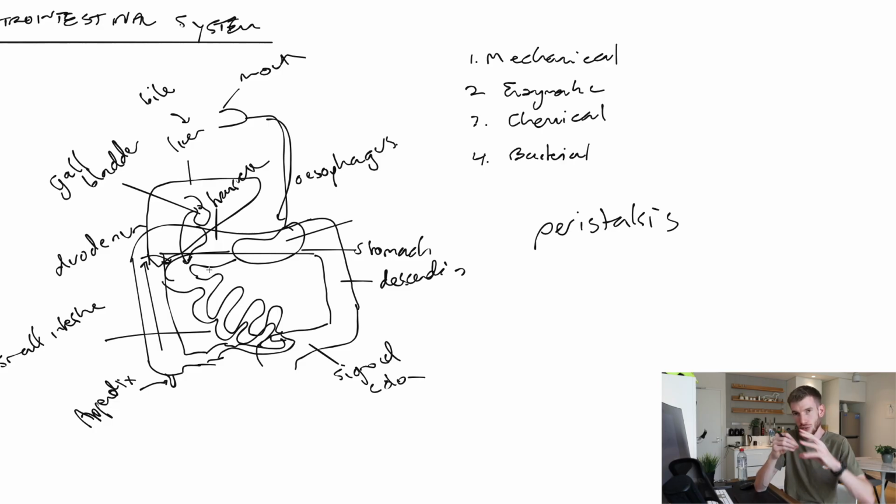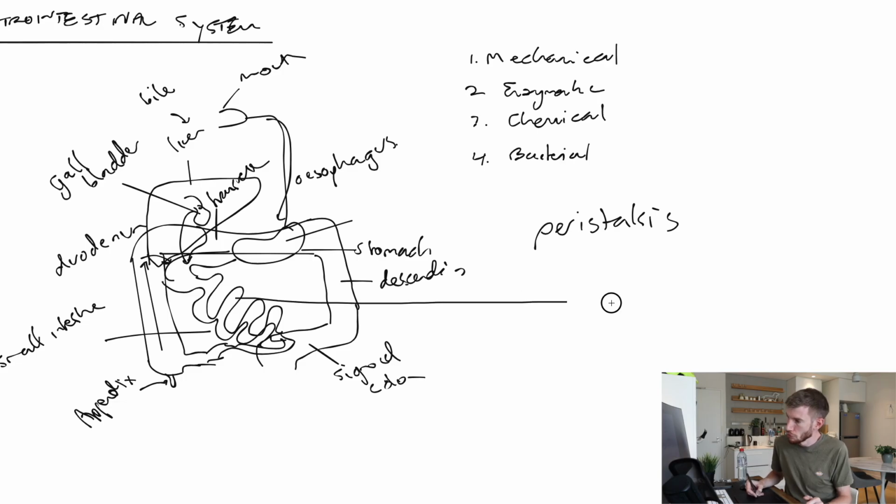It coordinates, squirts that in, covers it, and then you've got a huge amount of enzymes and chemicals as well. And then you've got enzymatic and chemical breakdown. Then in the duodenum and the small intestine, you have peristalsis again, squeezing it through, and you get nutrient absorption, mostly proteins and fats, all of our macronutrients.